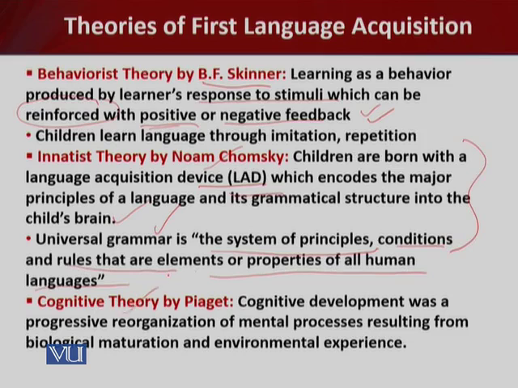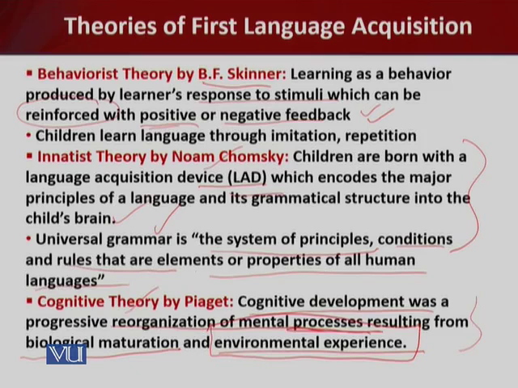Then we have the cognitive theory by Piaget, which advocates cognitive development, seen as a progressive reorganization of mental processes resulting from biological maturation and environmental experience. So it believes that you do have language or grammar present, but you cannot ignore the environmental experiences which shape one's language abilities.